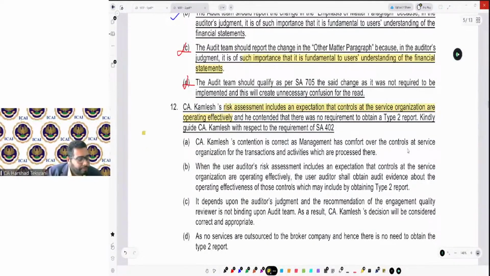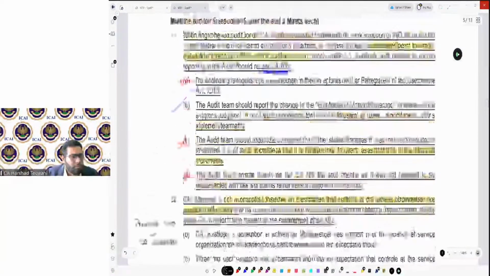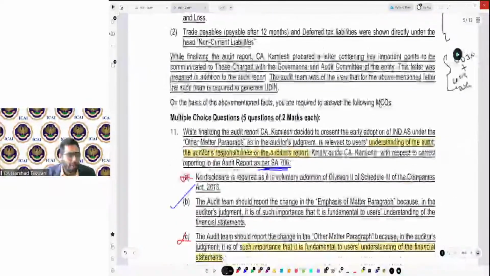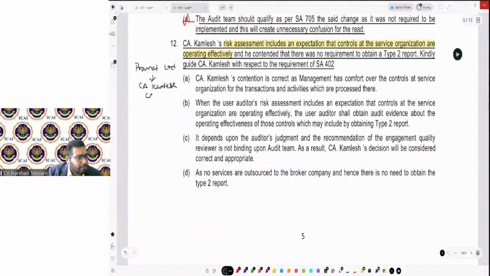Its auditor is CA Kamlesh Datta, who was appointed on behalf of Datta and Associates. So he's the auditor. Then we have RSPL as a service organization.